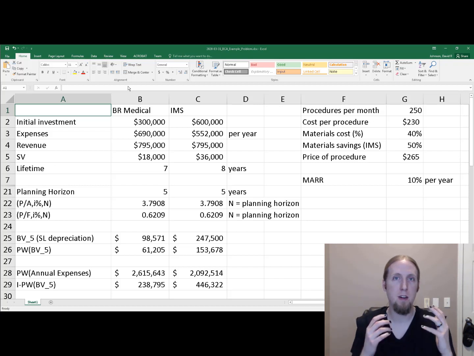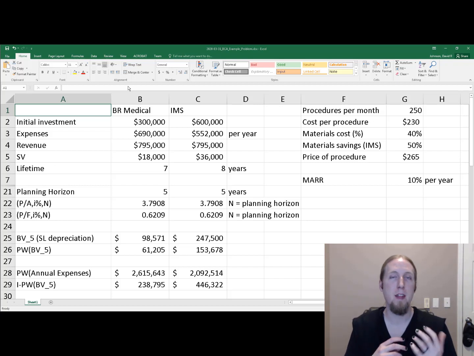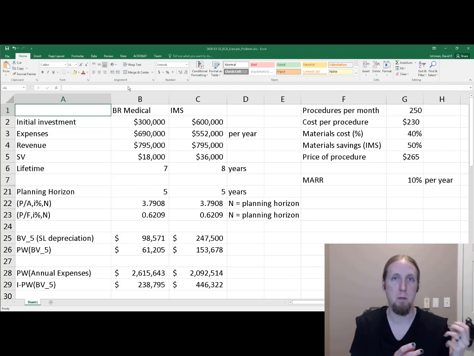And since there is no difference in revenue, we're going to reframe this as a cost alternative to say which device allows us at least cost to perform these medical procedures. If that's the case, then our initial investment in the BR Medical device is smaller, so that's what we're going to use as a baseline.